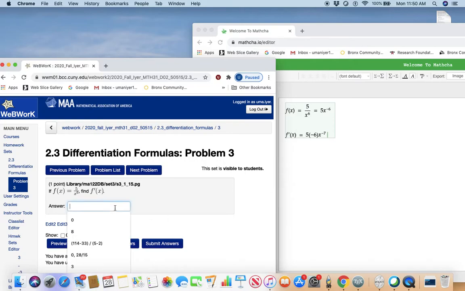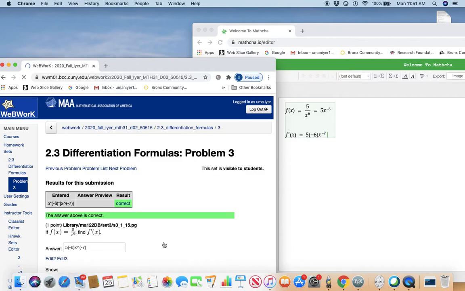You have 5 times negative 6 x to the power negative 7. Because there are two keys to be hit, two characters, write it in parentheses. If you don't have parentheses, the power applies only to the negative, the first character.